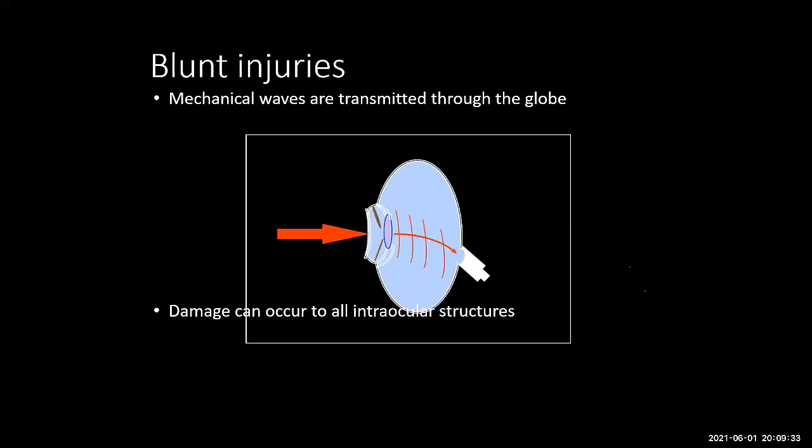The pressure wave is transmitted from the anterior aspect up to the optic nerve. So any of the ocular structures, including the conjunctiva, cornea, lens, iris, vitreous, retina, and optic nerve, can get severely damaged depending on the force of the trauma.